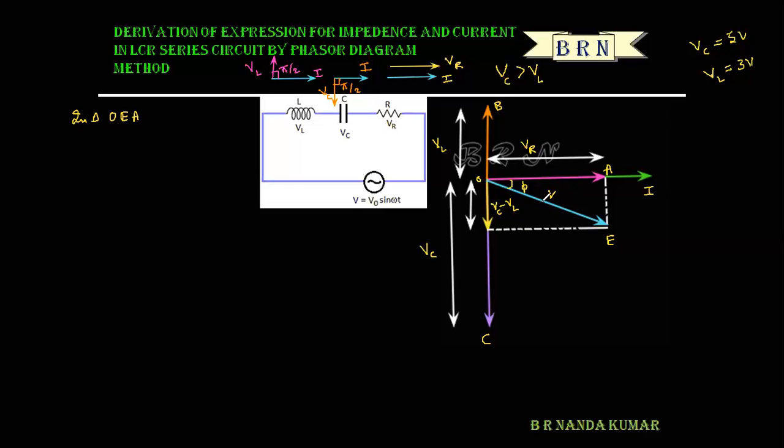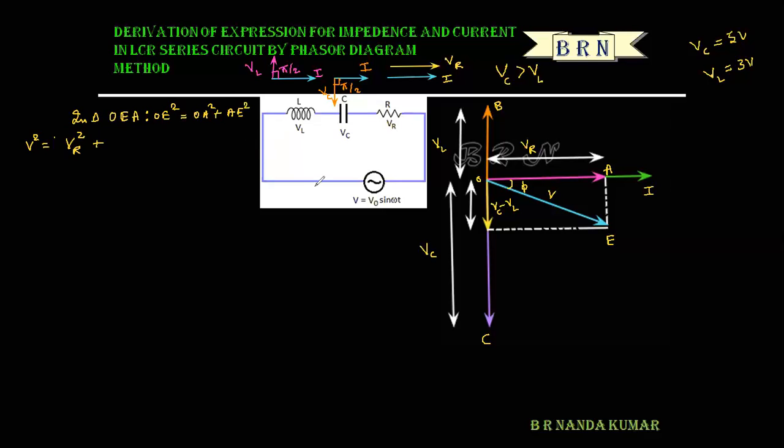OE squared is equal to OA squared plus AE squared. OE squared is V squared, and OA squared is VR squared.